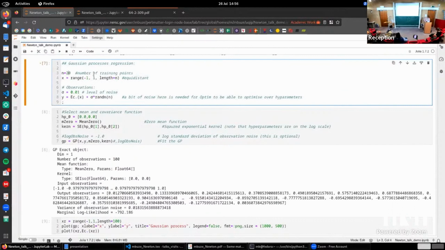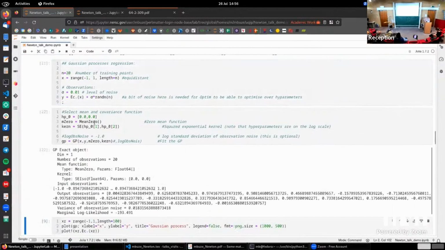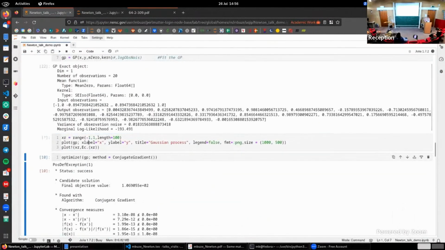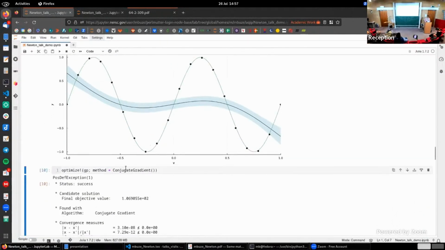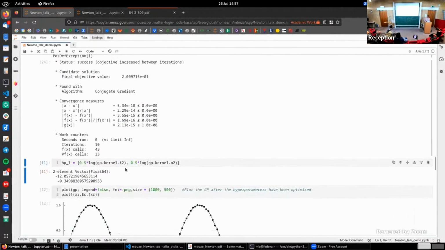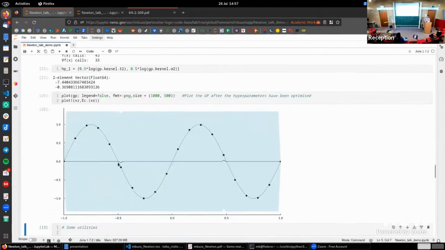If you supply too few points, well, that's the original bad fit. And if you now optimize over hyperparameters, what you end up seeing is that actually the best way to model is to keep it flat and just increase the uncertainty.